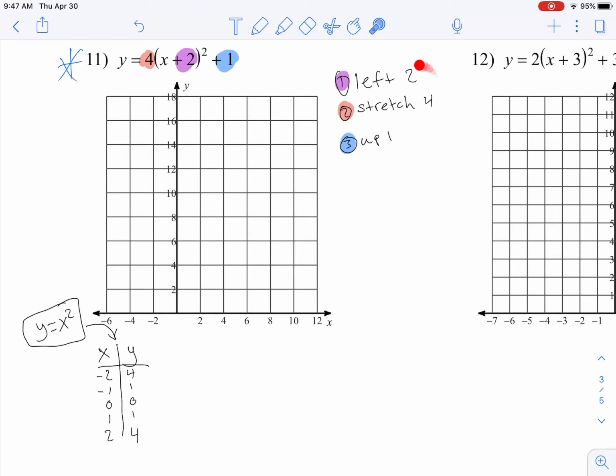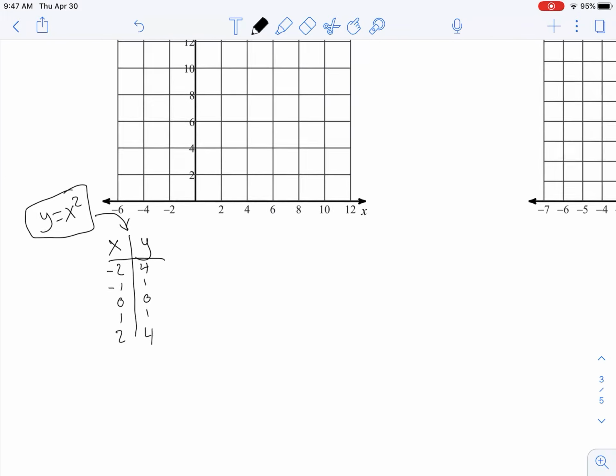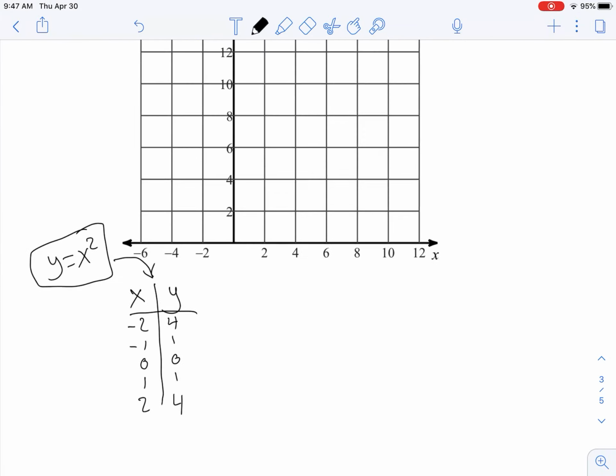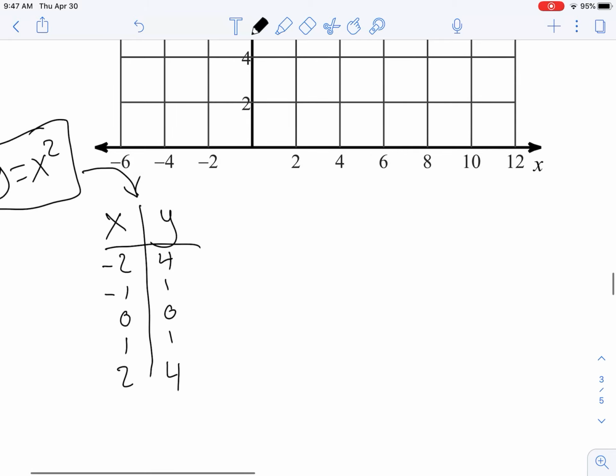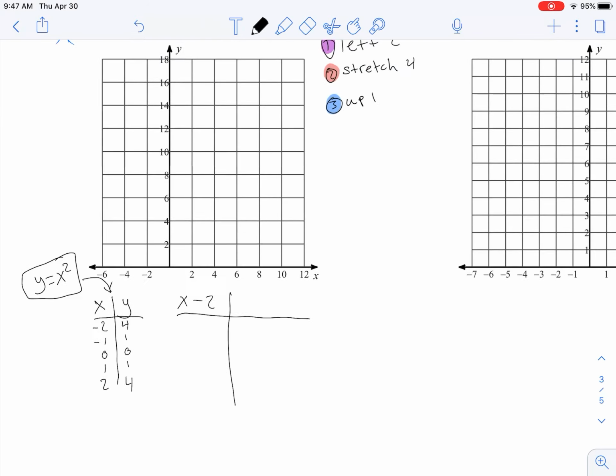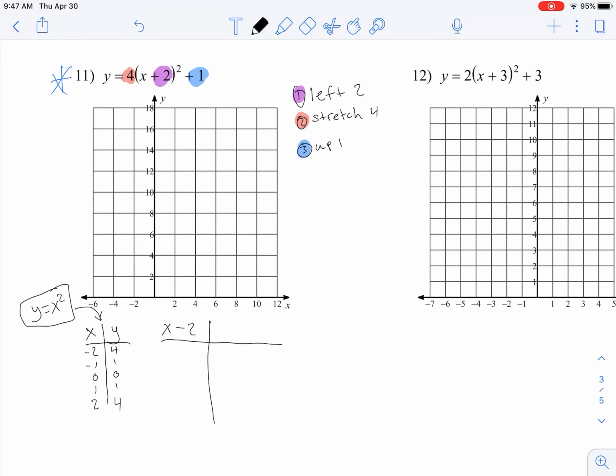The first transformation is occurring to our x value. Everything else is happening to our y value. So my x is going to be x - 2, because it's moving left 2. My y value is being stretched by 4, so it's going to be 4 times y, and it's moving up 1.